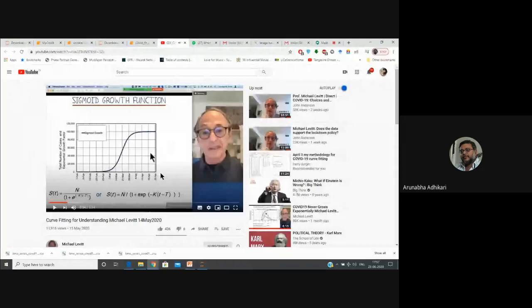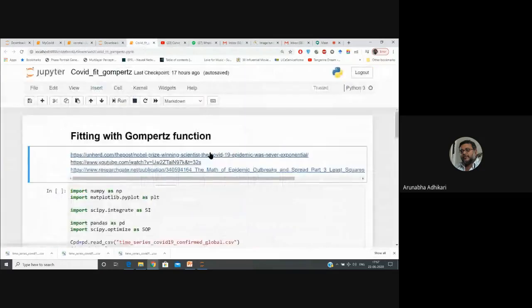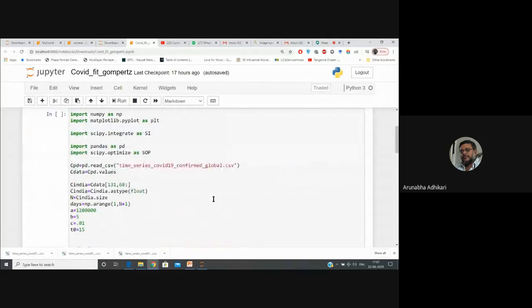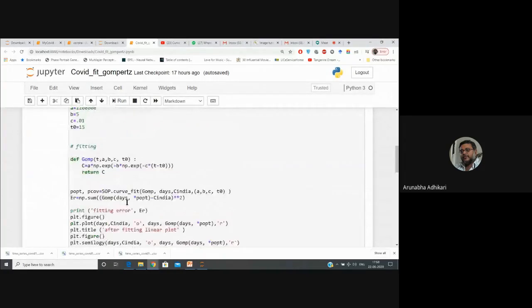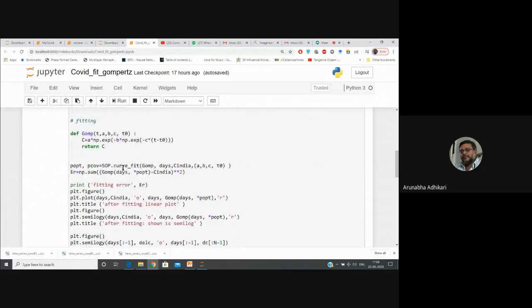Then there's a YouTube video where Michael Levitt also says that instead of trying to fit it with the exponential, we should try to fit it with a Gompertzian curve. So I tried to fit it with the Gompertzian curve as suggested by Michael Levitt. This portion is reading the data, and this portion is the curve fit that I discussed the other day.